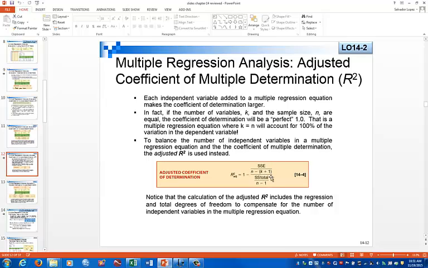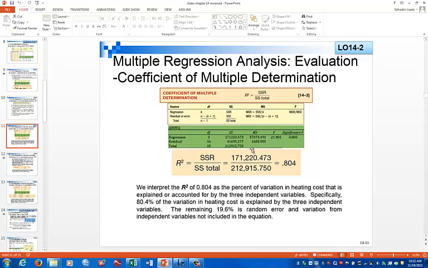The reason is that the SS total, this value here, is never affected by whether we have 1 or 2 or 3 or 5 or 200 independent variables, because it's simply based on the difference between each value and the average of the dependent variable. So it's the actual cost values minus the average cost.